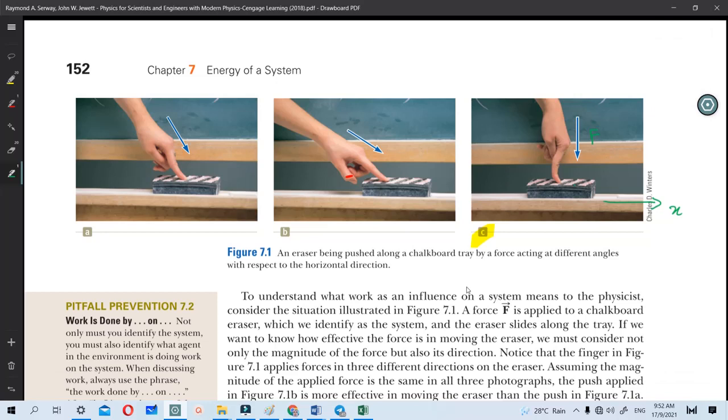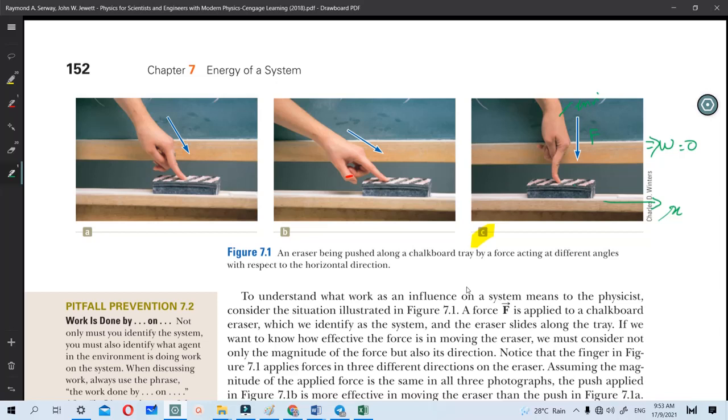So the force here by your hand is from the environment, applied to the system, and due to that you're supposed to experience changes of something. But because there is no movement, we consider this work as 0. Now the two methods, A and B, will result in a value of work.